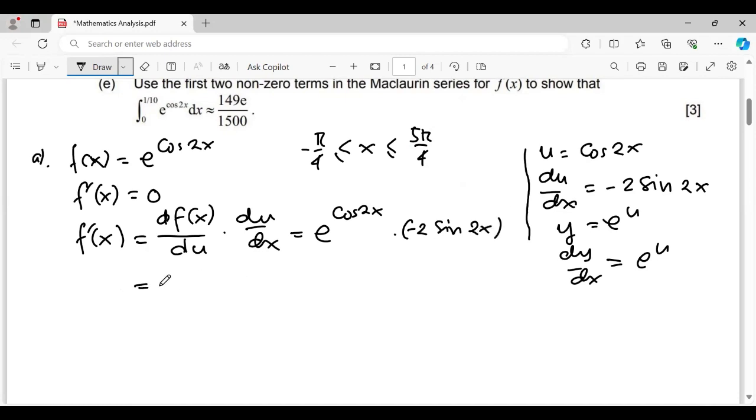So it will be minus 2 sine 2x times e power cosine 2x, equals 0.